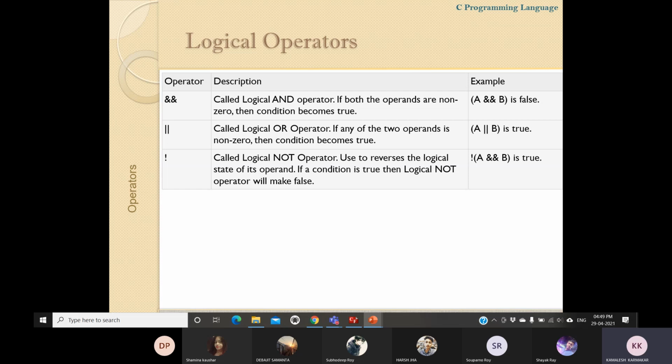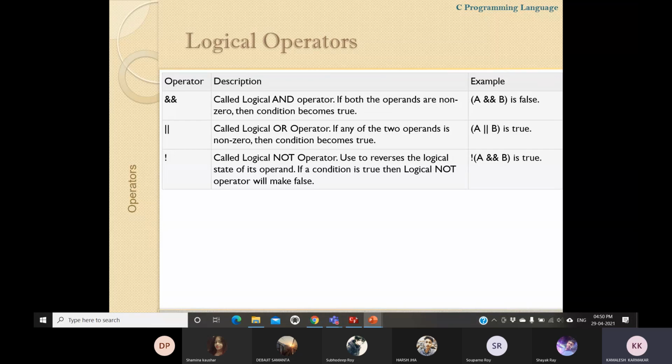If any one of them is true, or alternatively both of them are true, the condition will be true. It will fail only if both of them are false.